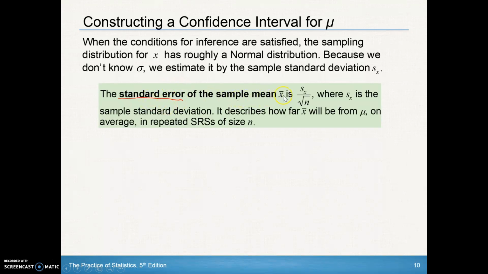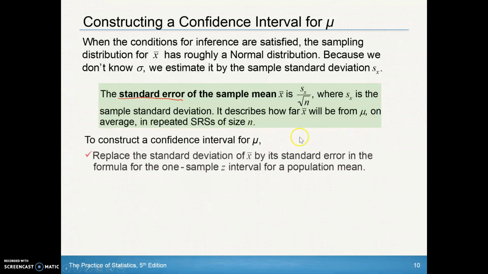So for the sample mean x bar, this is the standard error. If the S of x is replaced with sigma, then it's called the standard deviation. So again, it describes how far x bar will be from mu on average in repeated simple random samples of a certain size. Well, how do we construct a confidence interval on mu?